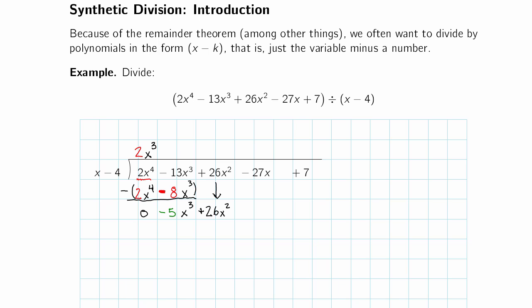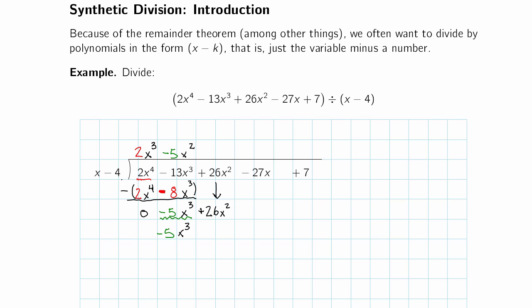Again, the divide step is pretty easy because negative 5x to the third divided by x is going to be negative 5x squared. Multiply step, also pretty straightforward. Negative 5x squared times x is going to be negative 5x to the third.